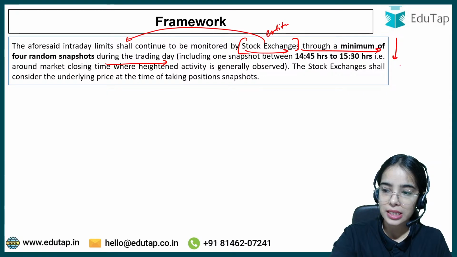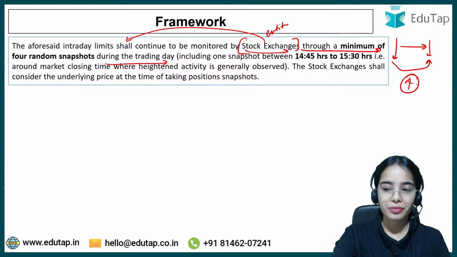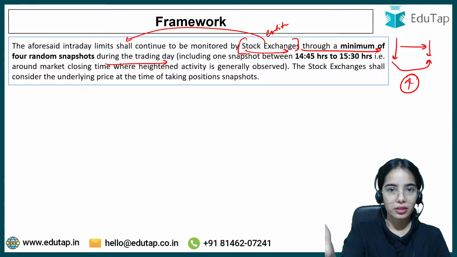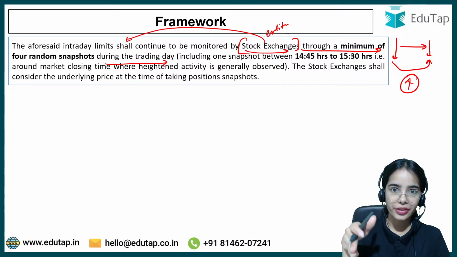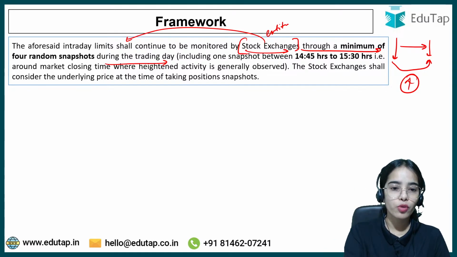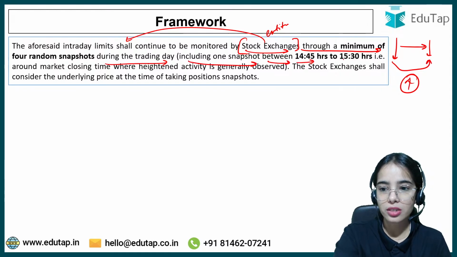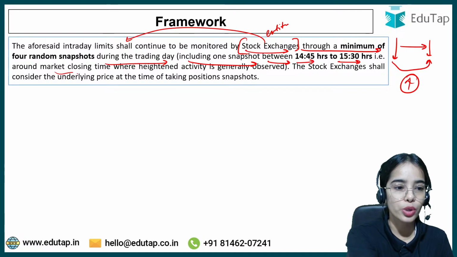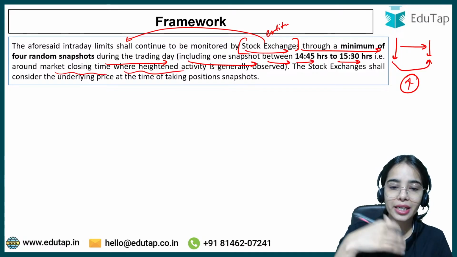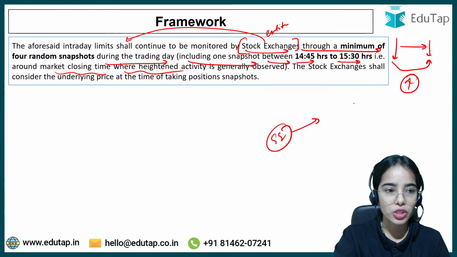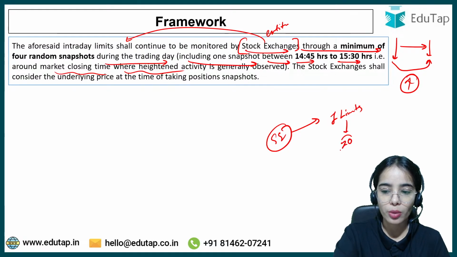So when the trading day starts and before the closing, 4 snapshots have to be taken to check whether the limits were being followed, including one snapshot between 2:45 and 3:30, around market closing time, where heightened activity is generally observed. So basically, stock exchanges are given the responsibility to watch whether the intraday limits are being followed in the index option market.